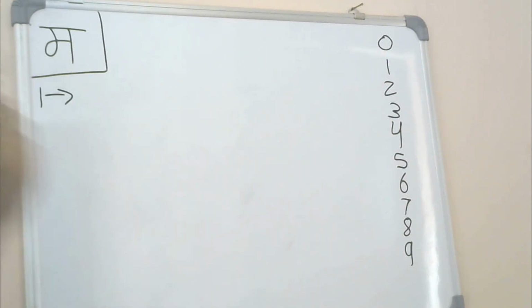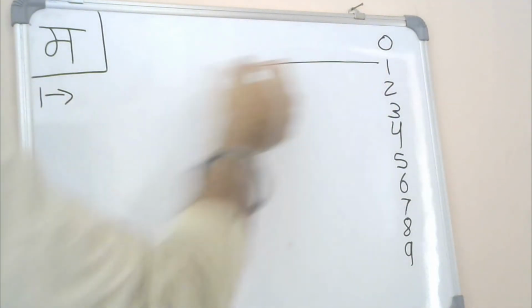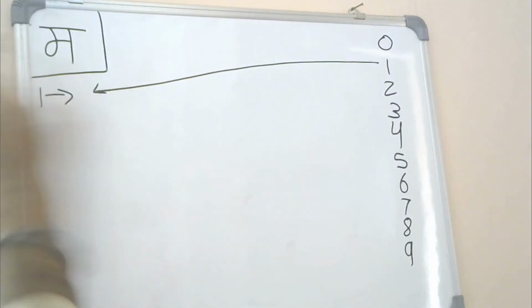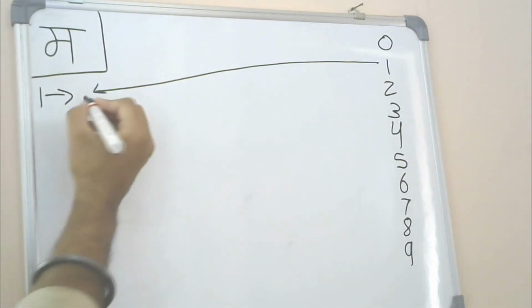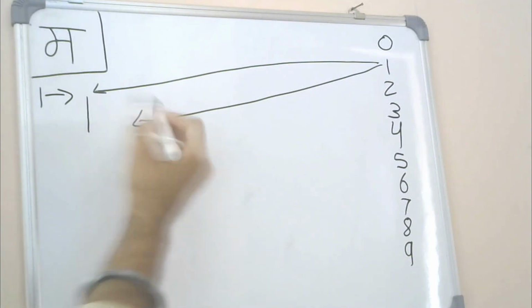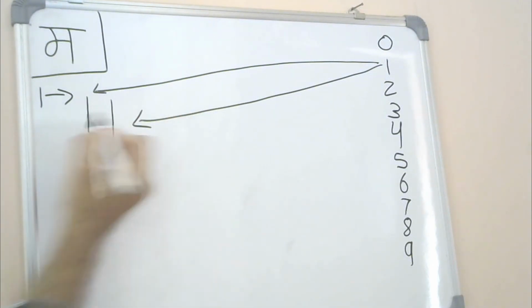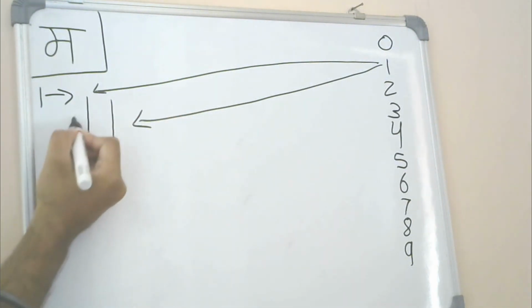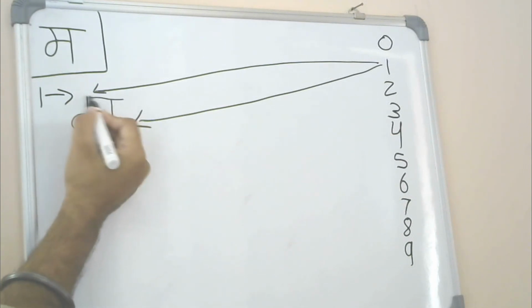How to write it? I will bring 1. Of course, 1 is very important in Gurmukhi. I will have 1. Again, I will bring 1. Then I will just connect it like this. Simple.